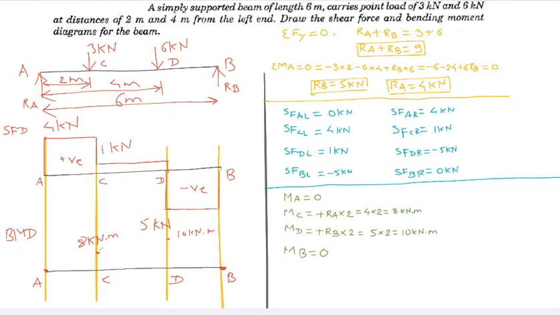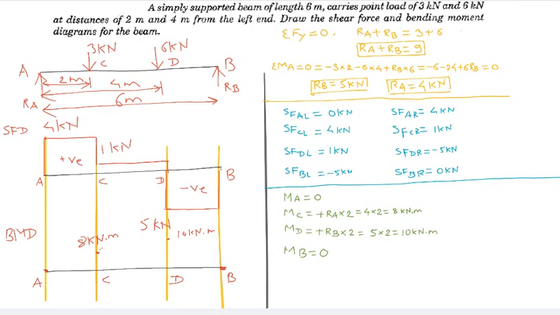So here only concentrated loads are acting, 3 kilonewton and 6 kilonewton. That's why the shear force diagram is a straight line, and the bending moment diagram will also have straight lines, no parabolic curve will be there. Later on in next videos I'll explain, whenever a UDL is acting, how to draw the shear force and bending moment diagram.